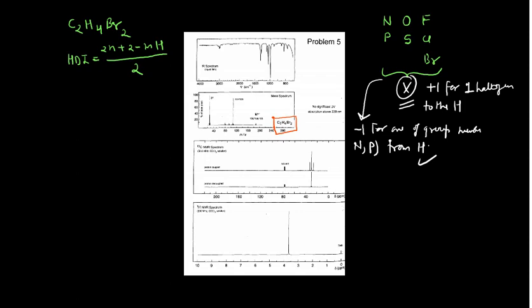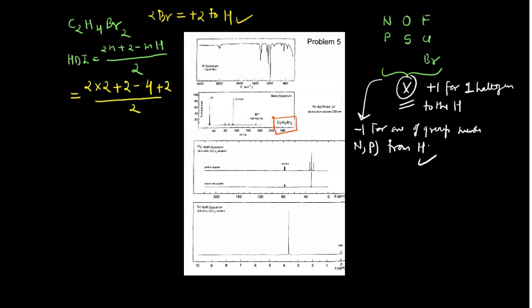So how can you calculate? N, the number of carbon atoms, is 2, so 2 plus 2 minus M, the number of hydrogen atoms, which are 4, and you have 2 bromines. So when you have 2 bromines, you have to add +2 to hydrogens. So hydrogens are 4, add +2, and this should be divided by 2.